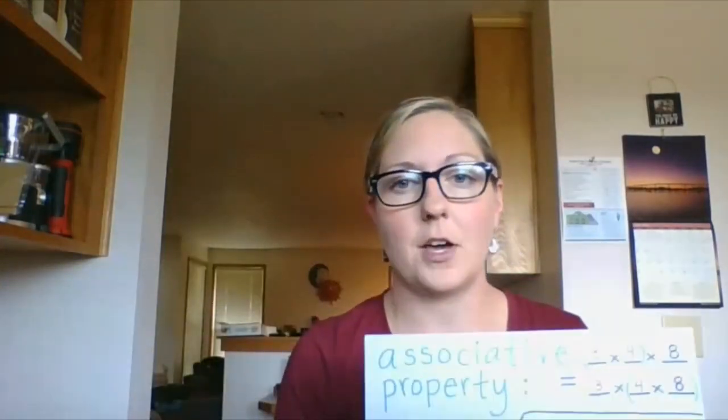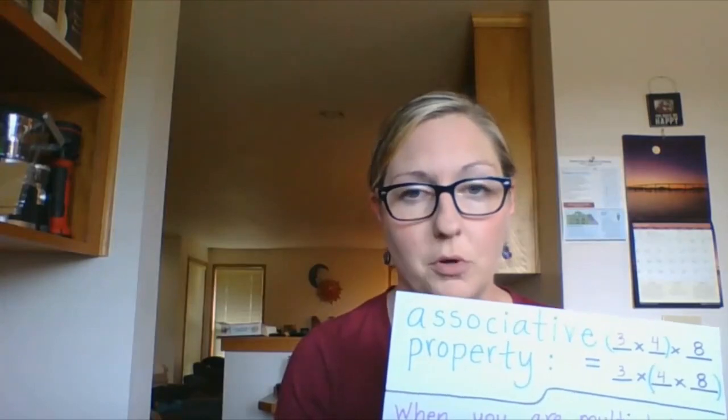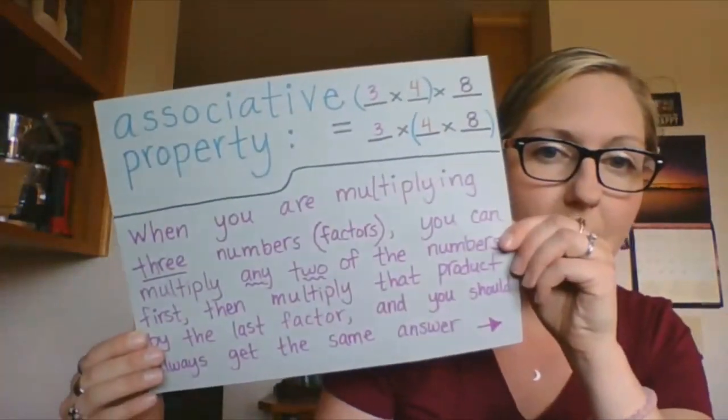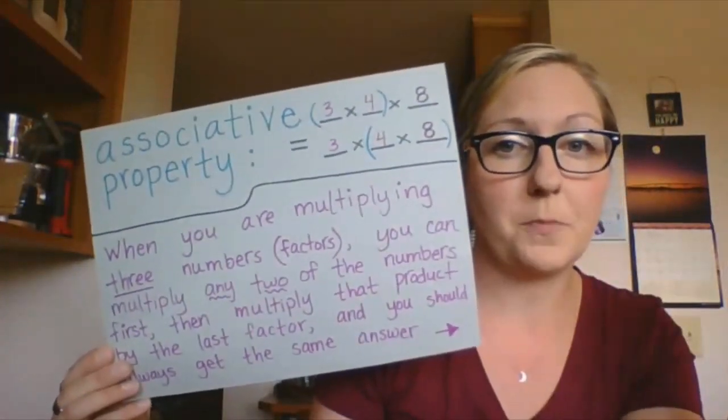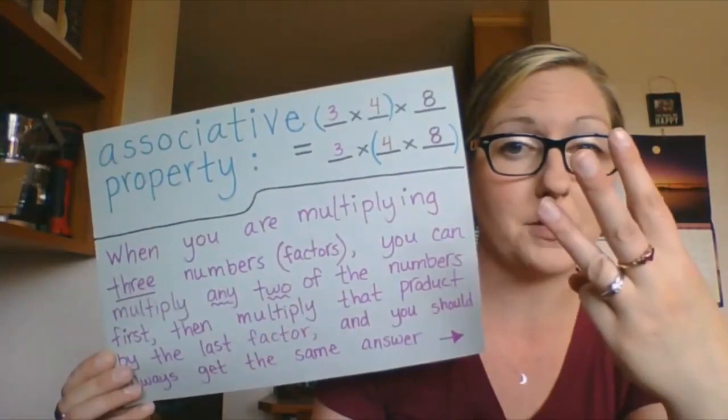On Tuesday, yesterday, we talked about the associative property rule, which was special for multiplying 3 numbers, 3 factors.